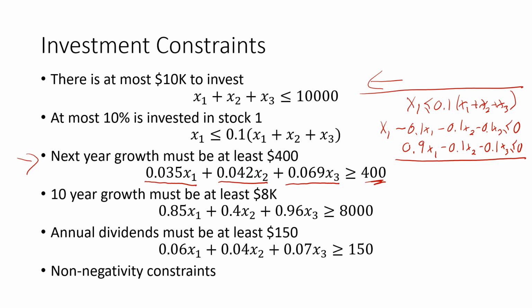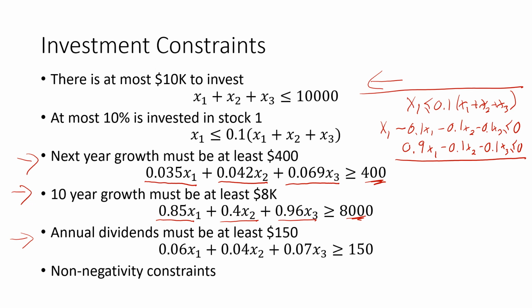The next constraint looks out over 10 years. So in 10 years, we want at least $8,000 growth. We have 85%, 40%, and 96% growth for the 3 stocks, and that has to be at least 8,000. So that gives us the 10-year growth that is expected from the mixture of stocks.